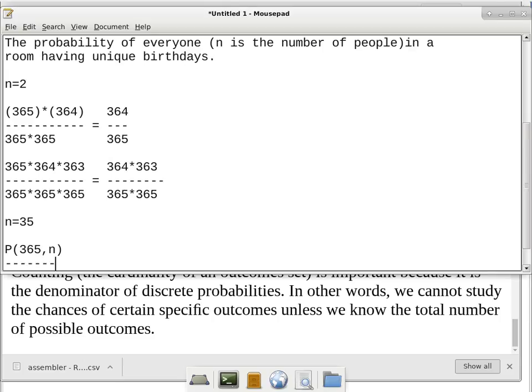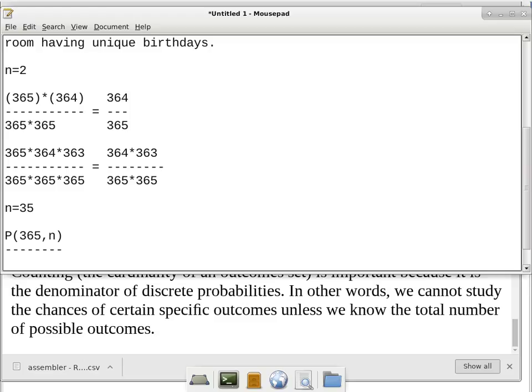And then we divide it by what? What is the total number of possible ways to arrange birthdays, duplicate or not, amongst n people? 365 to the power of n. So that turns out to be the general equation of the probability, the chances of n people having distinct birthdays.